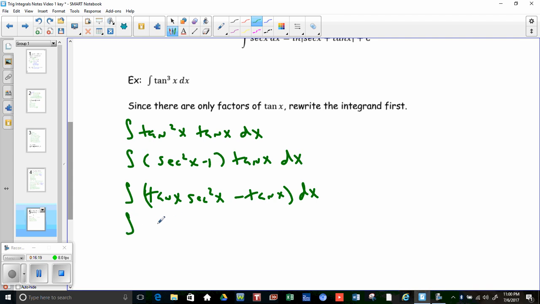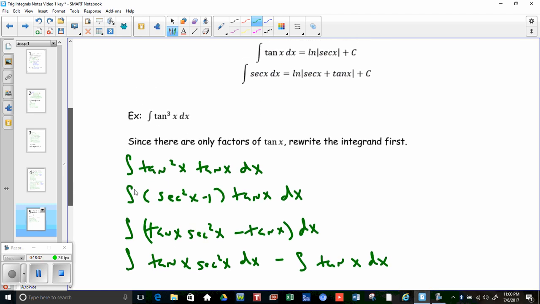So now I'm going to have the integral of tangent x secant squared x dx minus the integral of tangent of x dx. And hopefully now you can see, okay, this is something that we just talked about right up here, the integral of tangent of x. We know this one now is the natural log of the absolute value of secant x plus c.